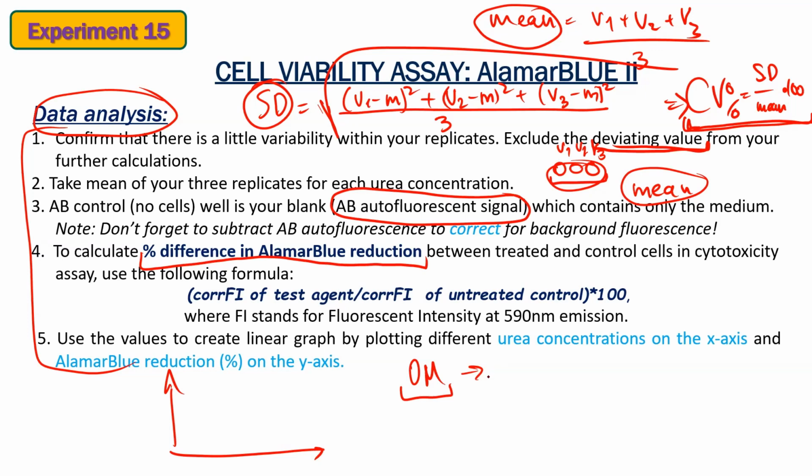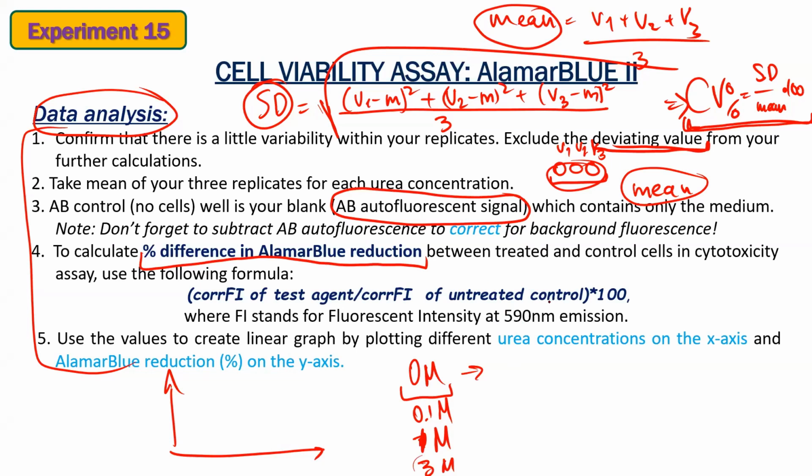Because you use the same seeding density for each of the wells, for each of the treatments, it will show you the maximal non-toxicated metabolism. And of course, at 3 molar concentration, you will have the least metabolism because you actually kill cells there.